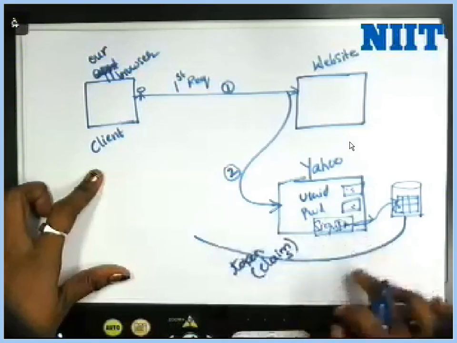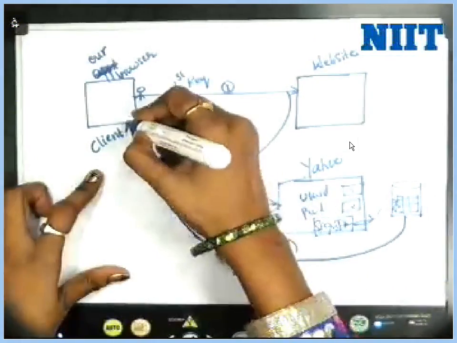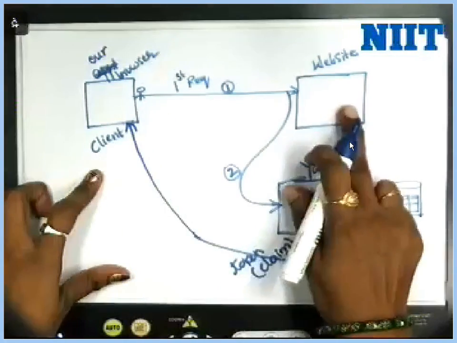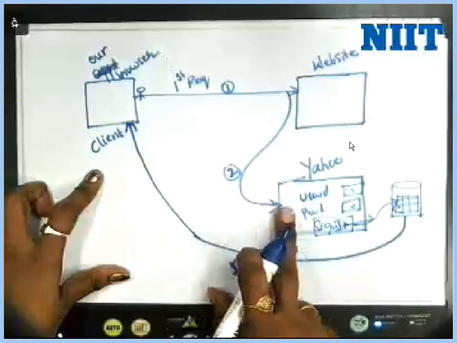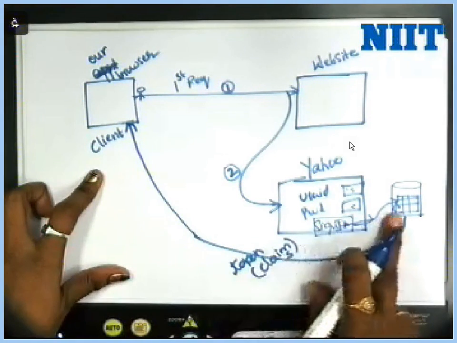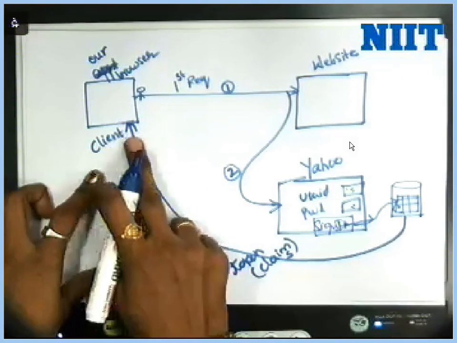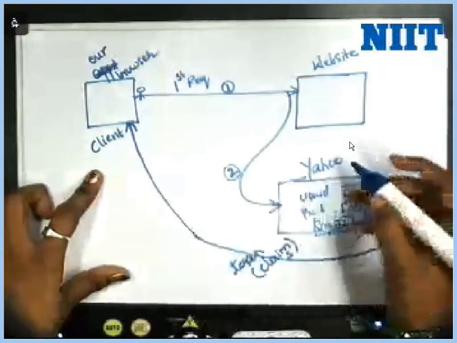That token, to whom will it pass? It will pass to your application from where the request has been passed to this website. If the authentication is okay, a valid token will be sent to the client. Now this is for your understanding.